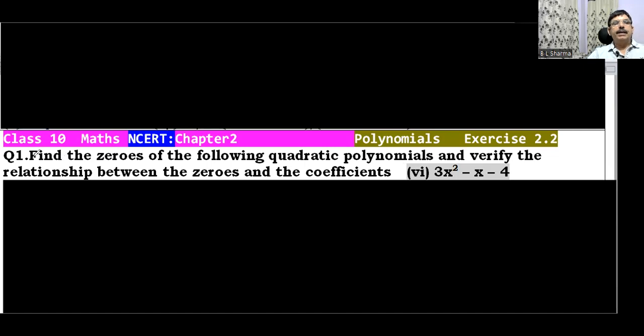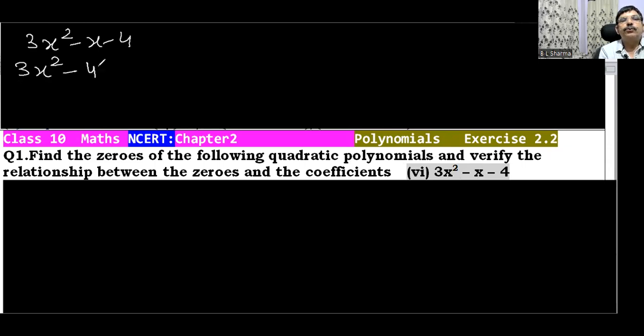This is the last part of question number 1 of exercise 2.2. Find the zeros and verify the relationships. So first of all, we have to find out the zeros by factorizing the given quadratic polynomial, that is 3x square minus x minus 4, by splitting the middle term.